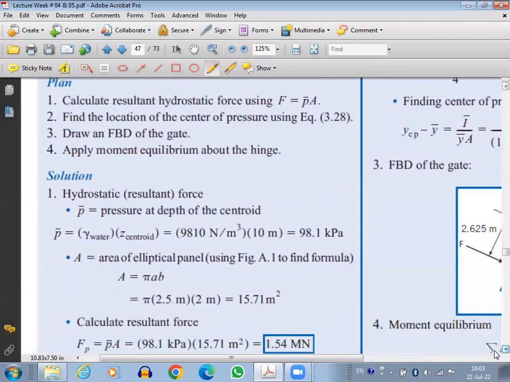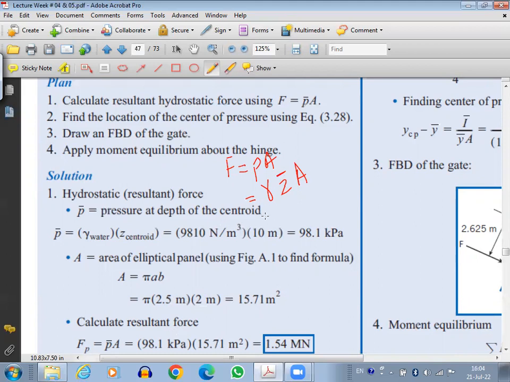So finding the magnitude: F equals pressure into area, or I can write gamma into Z into area, where instead of H I'm writing Z. But this Z is to the centroid, the center of the area.